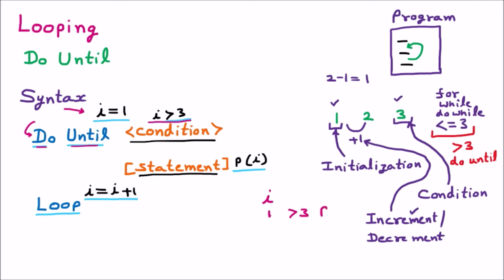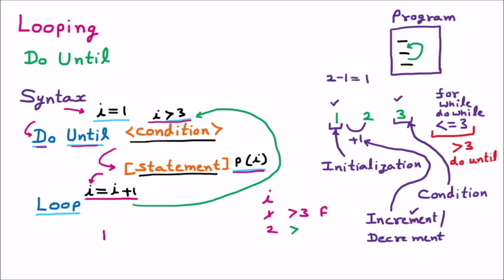Absolutely false. So if it is false, only then it will come inside and print this. So printing the 1. Afterward, coming here, I is equal to I plus 1. So the new value of I is 2. Now going back and checking the condition, here 2 greater than 3.